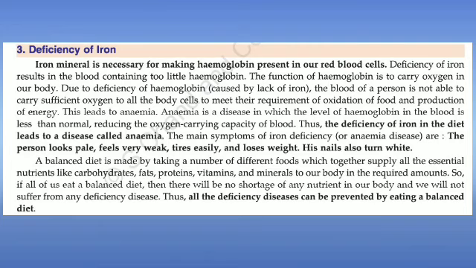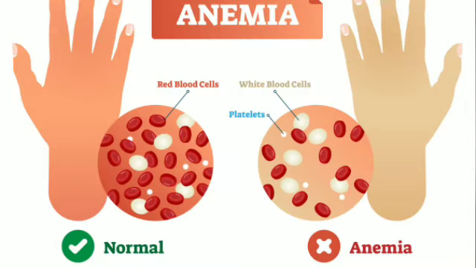So what will happen due to lack of this iron? This will lead to anemia. Okay. Anemia is a disease in which the level of hemoglobin in the blood is less than normal, reducing the oxygen carrying capacity of blood. Thus, the deficiency of iron in the diet leads to a disease called anemia.